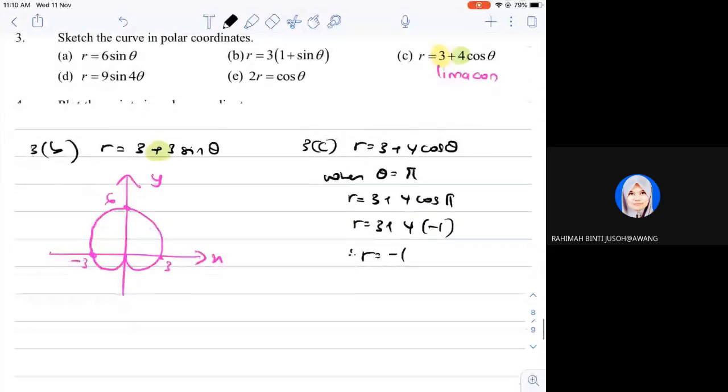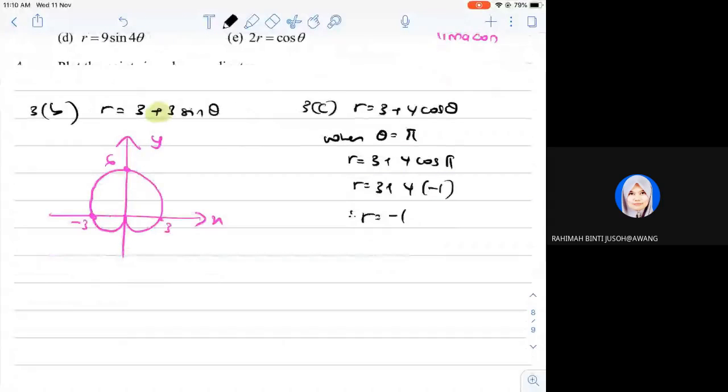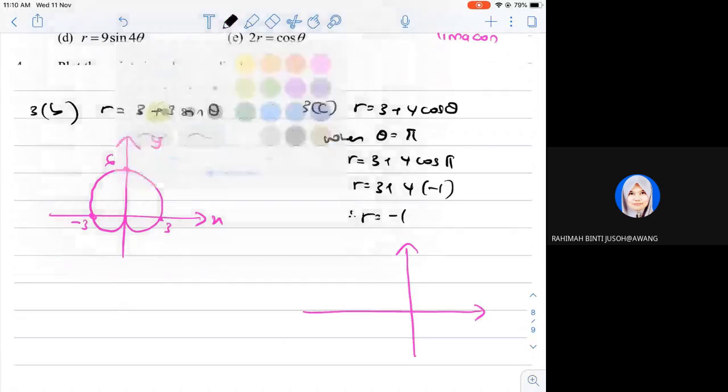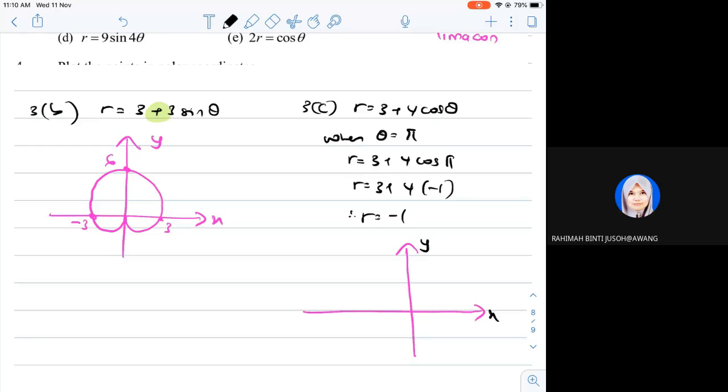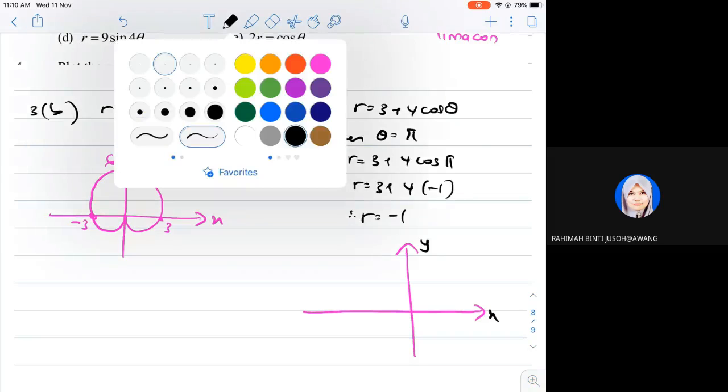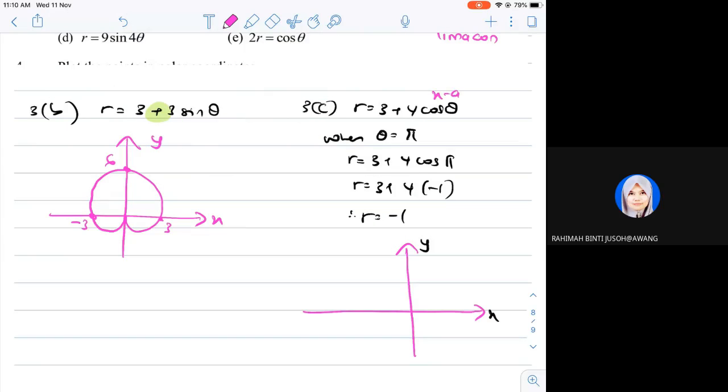Okay guys, so secara logiknya, bila saya plot graf ni, we have x and y. Of course, we know that this is on x-axis. When theta equals to pi, where is the position of negative 1 ni?